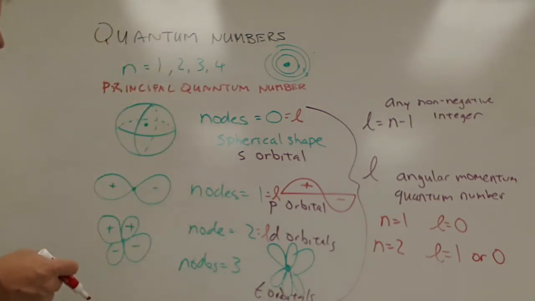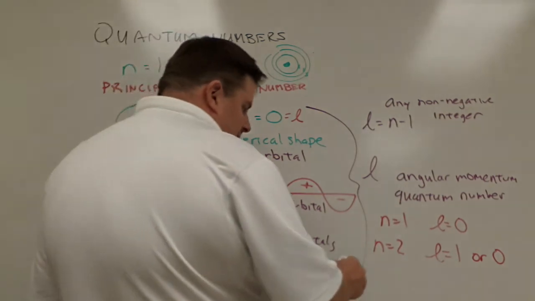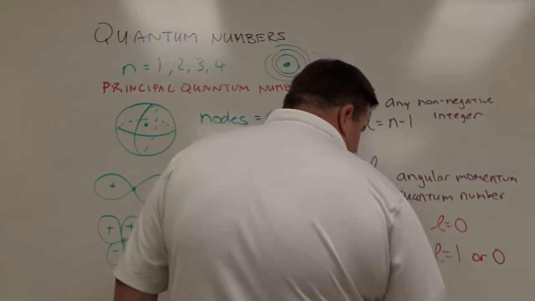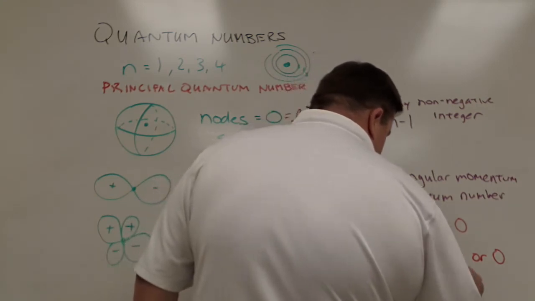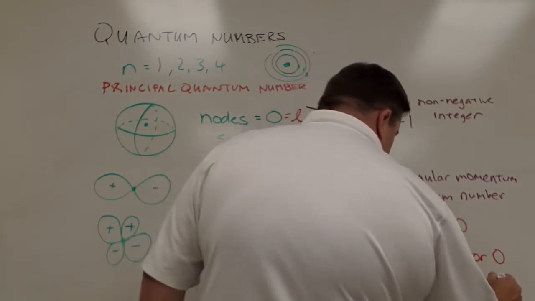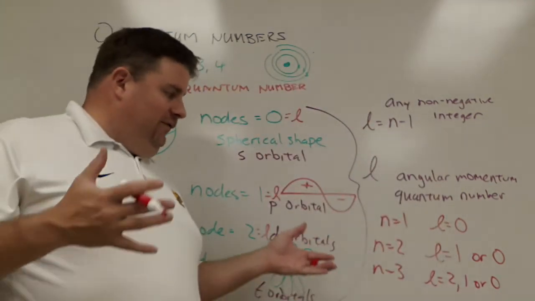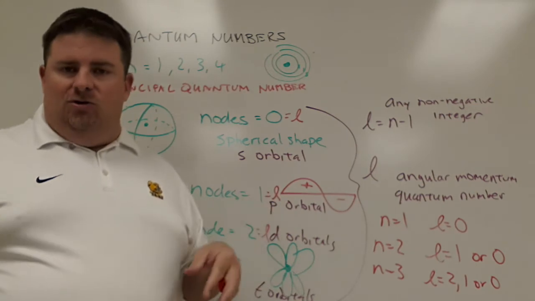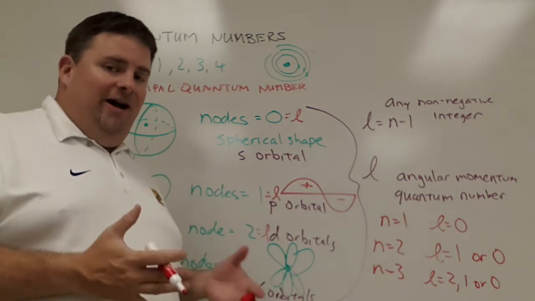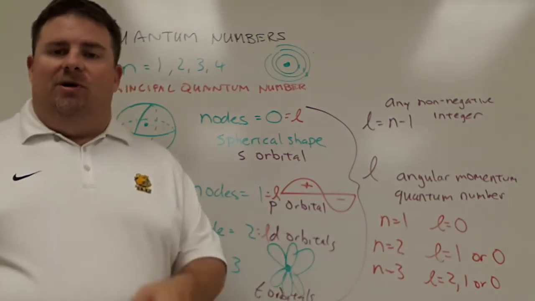Okay? So if n is equal to 3, at this point, I could have L being 2, 1, or 0. But if n is equal to 4, you got that right, we can have 3, 2, 1, 0. If I have 5, I can have 4, 3, 2, 1, 0.